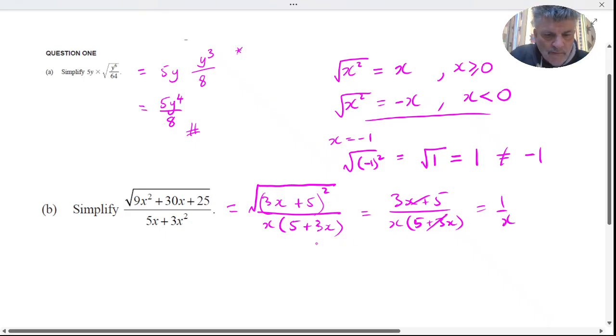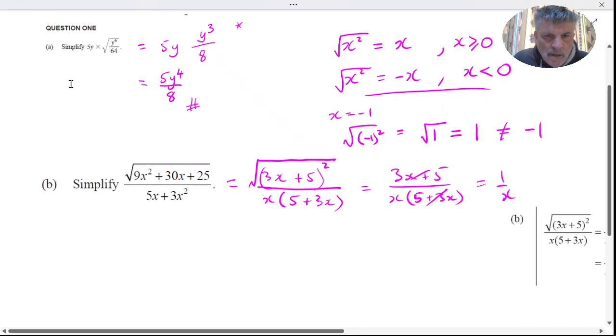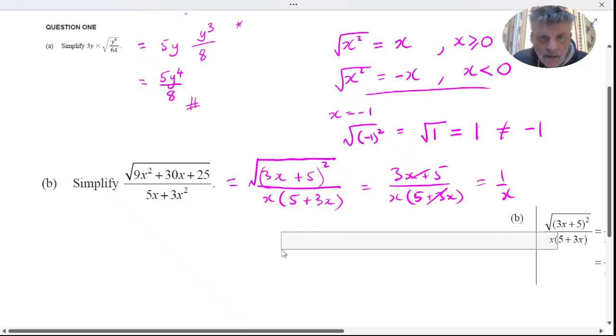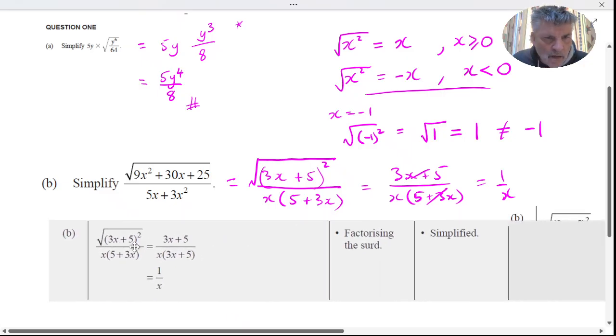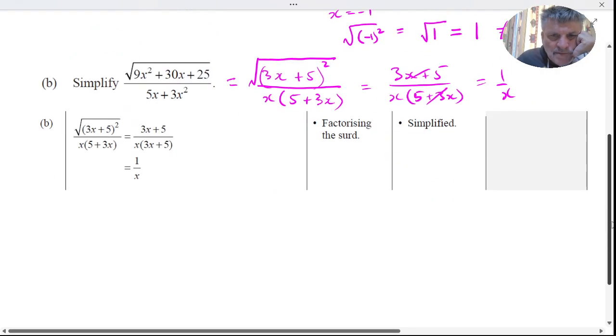I've got the assessment schedule from last year's examination. You can see that's exactly what they did. But in fact, this equality is only equal when 3x plus 5 is bigger than or equal to 0.